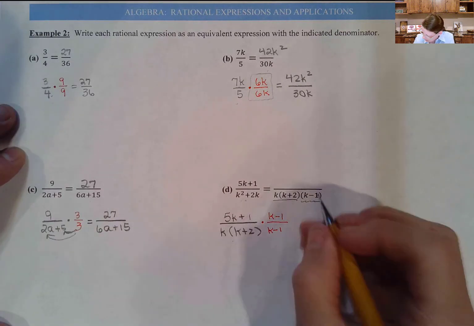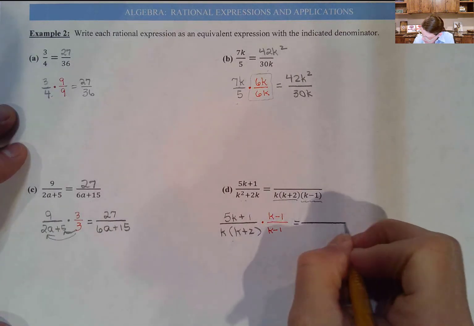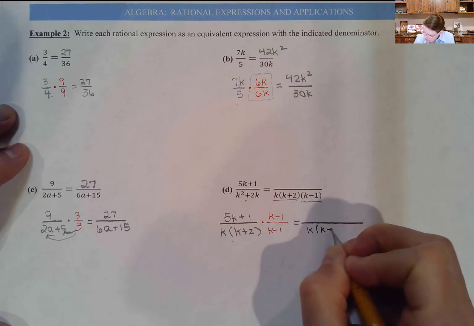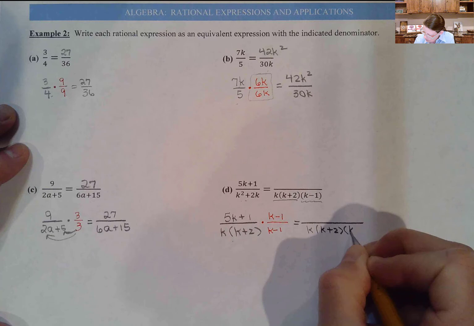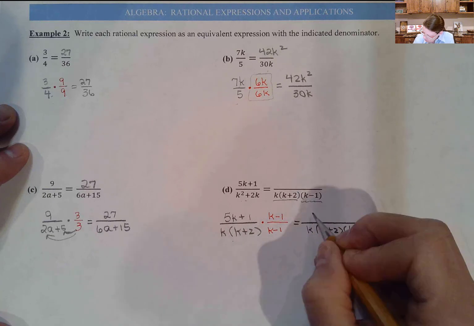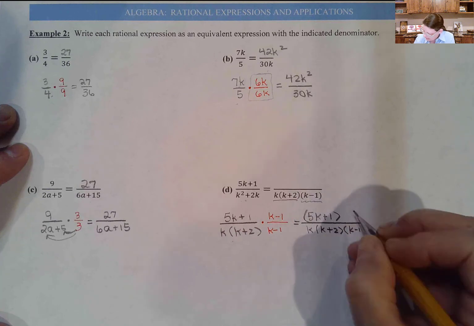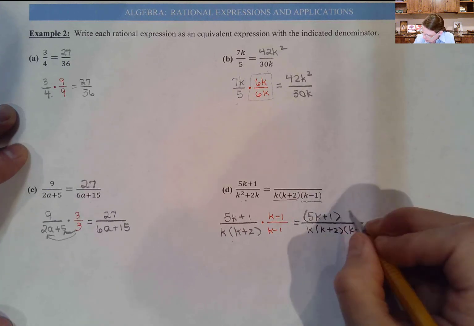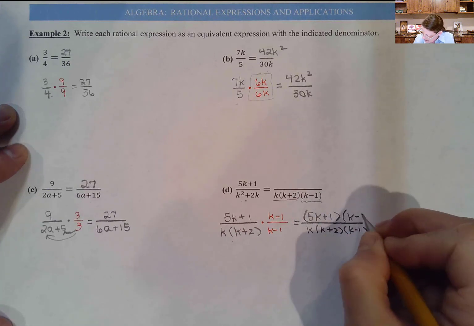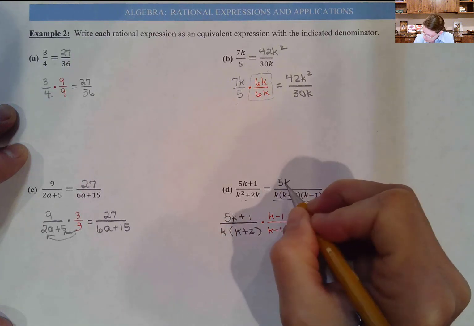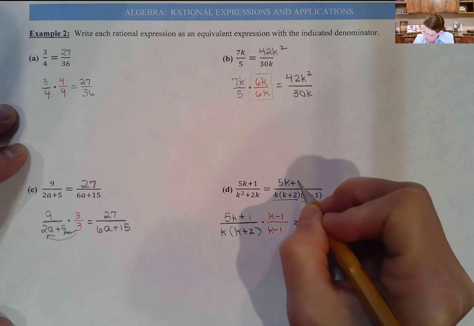Multiplying by 1 here, aren't we? That's going to give the required denominator k times k plus 2 times k minus 1. And the numerator, just going to write this in a factored form here, 5k plus 1 times k minus 1, and that is the numerator that we need to see above.